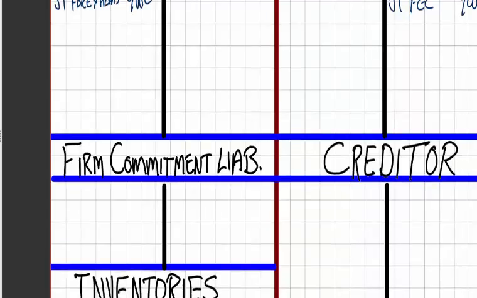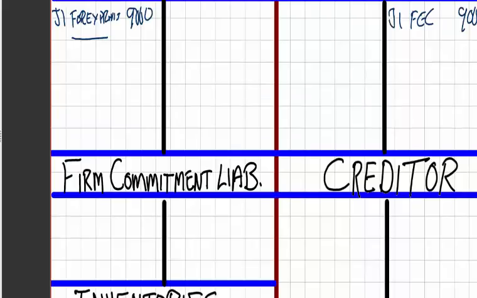Journal number 1, as you can see there, is your forex profit 9,000 against the forex profit account 9,000. So that's our first entry. Then journal number 2, as we said, we've got this firm commitment, and because it's making a loss, you debit the forex loss and you credit the firm commitment liability account.